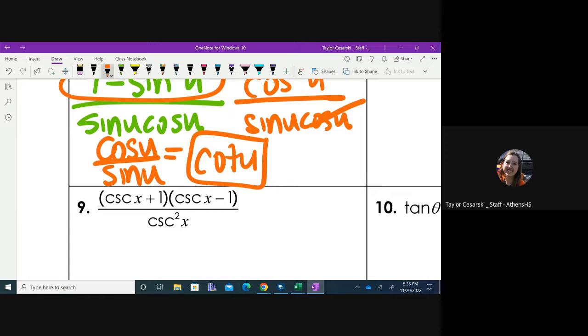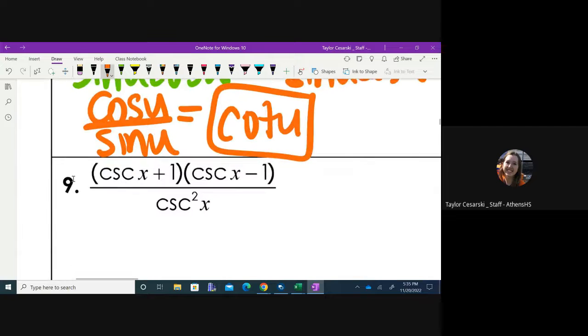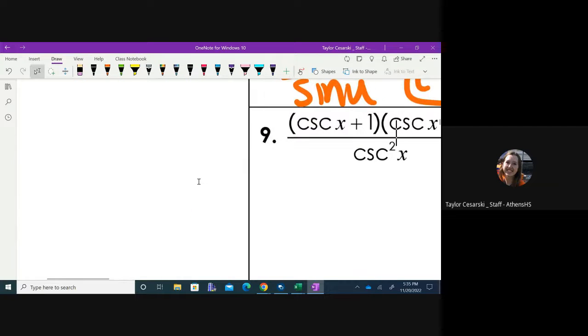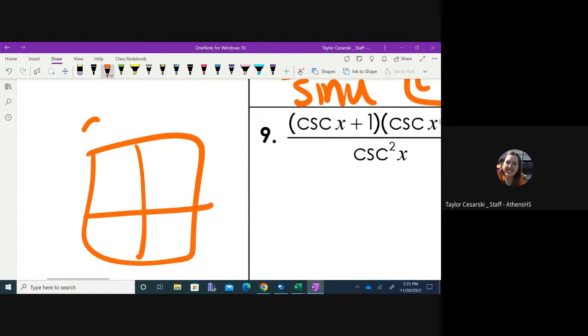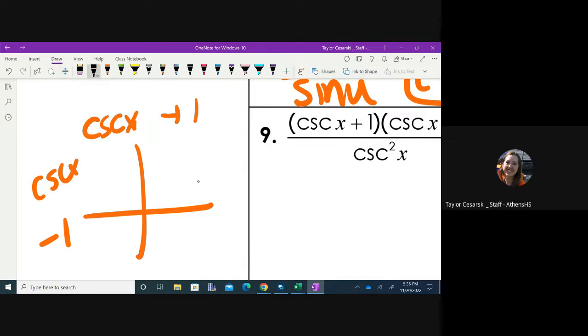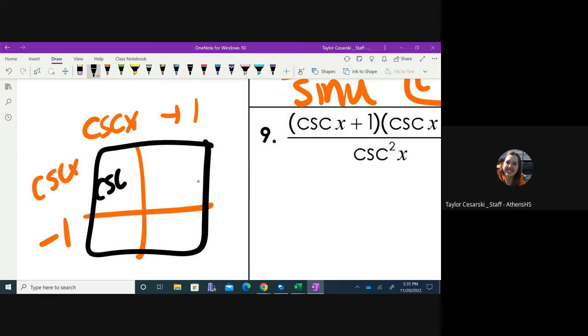All right, next I'm going to go ahead and multiply this out, okay? You can think about that by using your box or using FOIL, cosecant of x plus 1, cosecant of x minus 1. Oops, minus 1 goes down here. So this is going to look like cosecant squared of x.